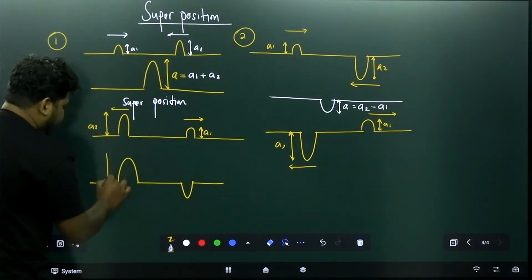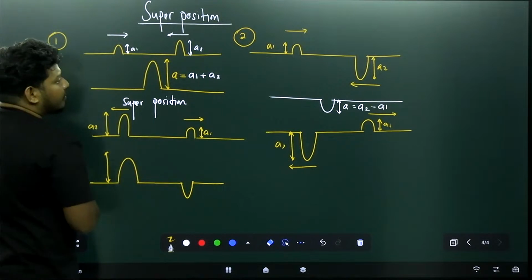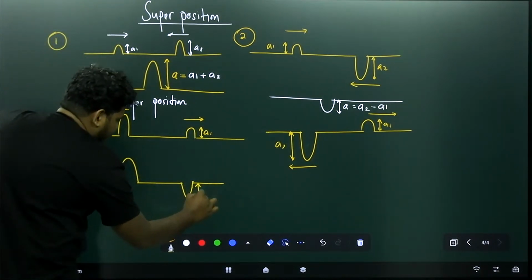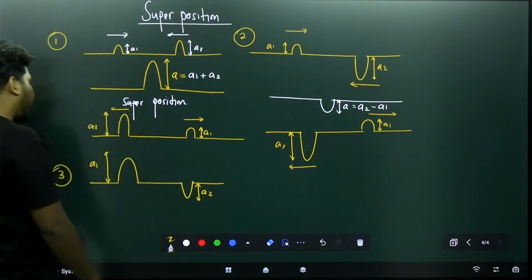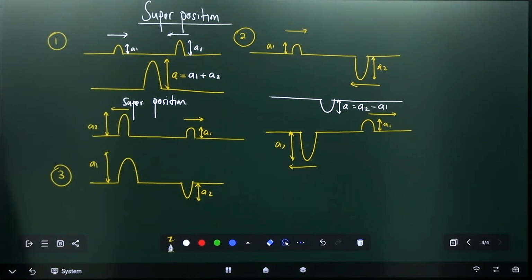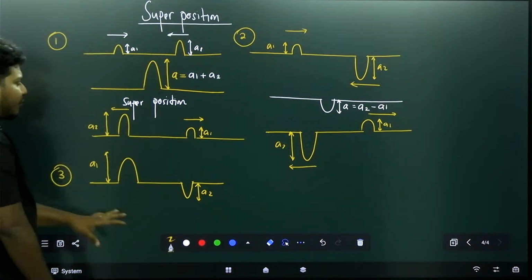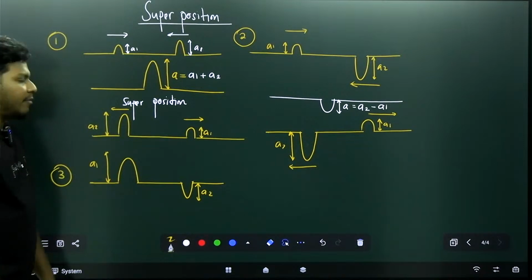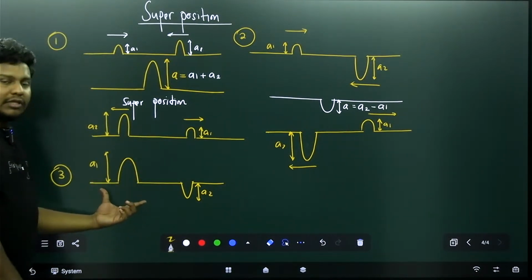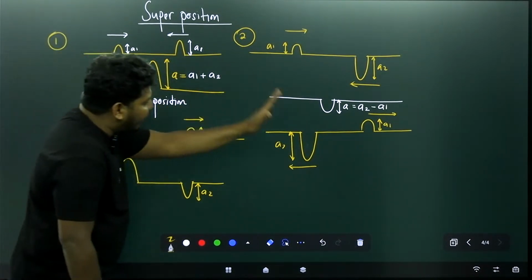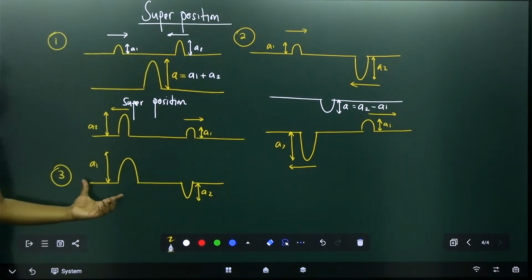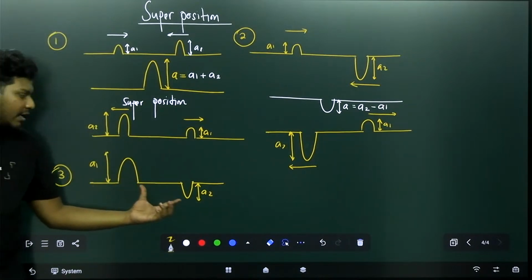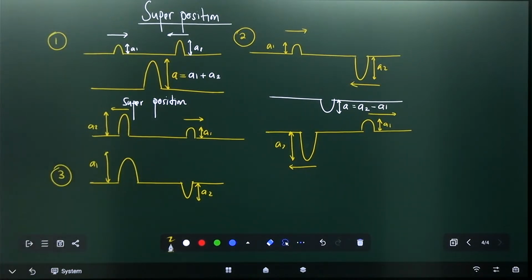So look at this one. Let's say this is A1 and this is A2. You want to draw the superposition amplitude, and after the superposition amplitude, for this one. This is the first one. You should draw the second and the third one. Please write this in your exercise book and give me the answer. Those who got the answer, please let me know. Then I will explain this one for you. Do this quickly.